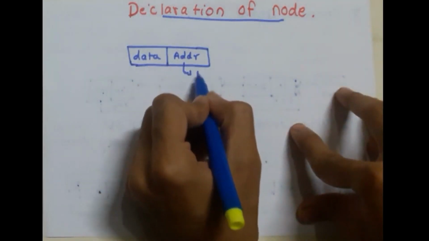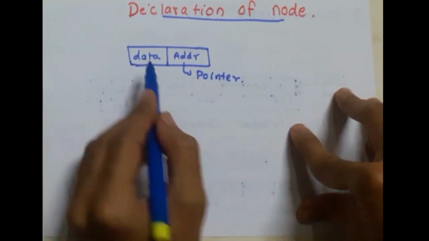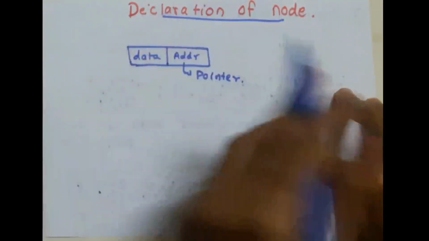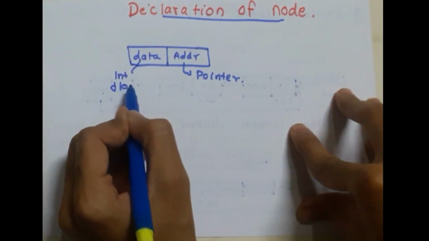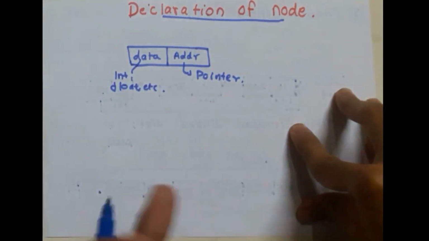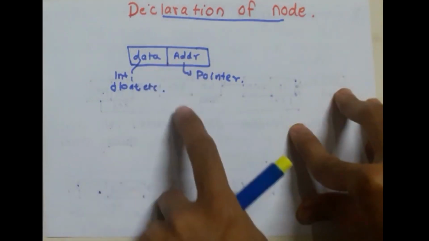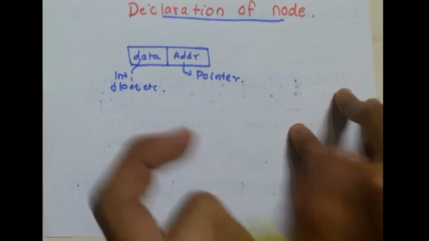It is a pointer field. The data field holds the actual value and that value can be of any type, integer, float, etc. So you can see that a single node consists of two types in one node, isn't it?